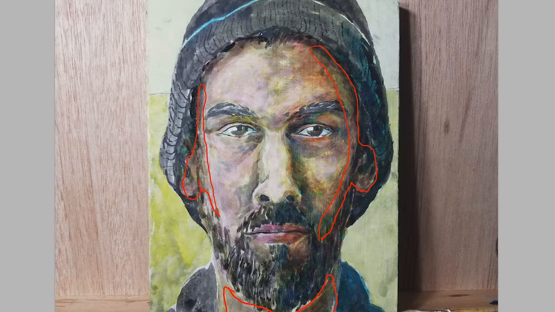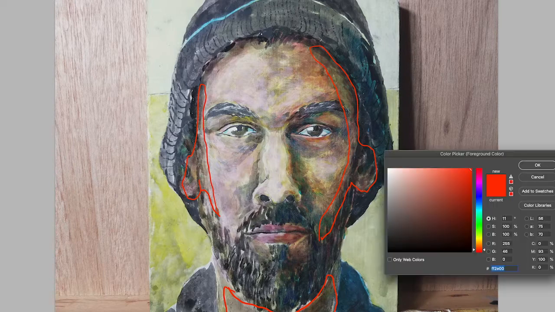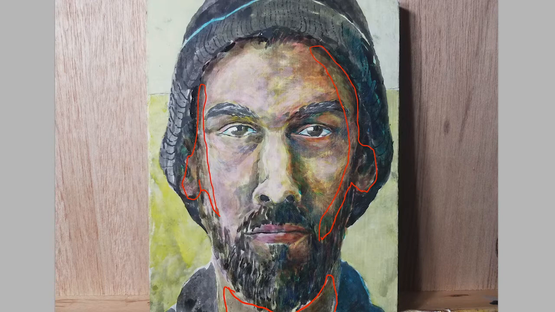So those are going to be one set of colors, lower contrast, lower saturation, a little bit darker maybe. And some middle areas: a lot of these areas of the flesh are sitting in the middle zone.